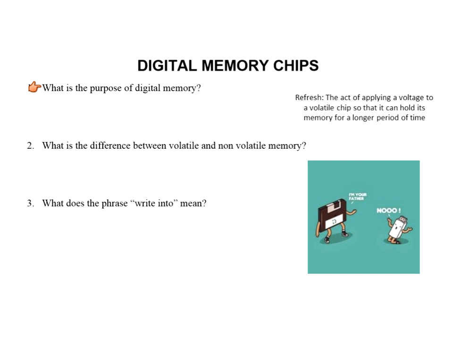What's the difference between volatile and non-volatile memory? Volatile memory, when the power goes away for a period of time, it goes away. The memory is erased. Non-volatile, on the other hand, does not get erased when the power is shut off. Here's an example. In your computer, you have a non-volatile memory that provides the startup sequence.